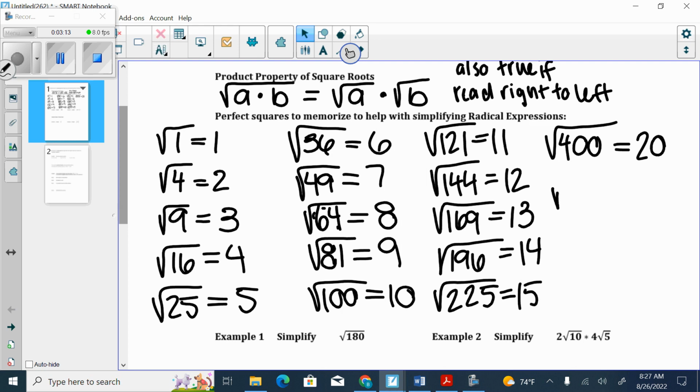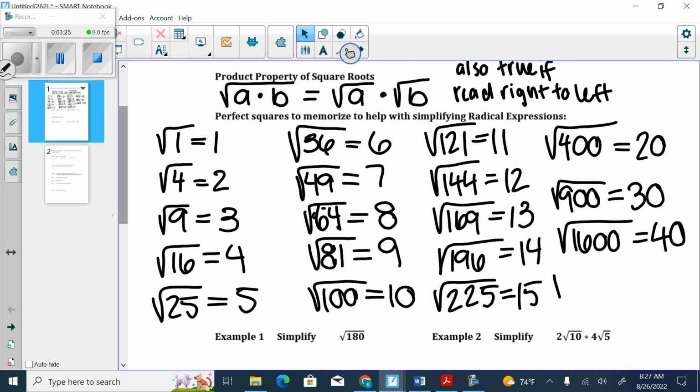Square root of 900. Good. Square root of 1600. Good. And square root of 2500. Good. So these are going to be the most common ones that we come across in problems this year.